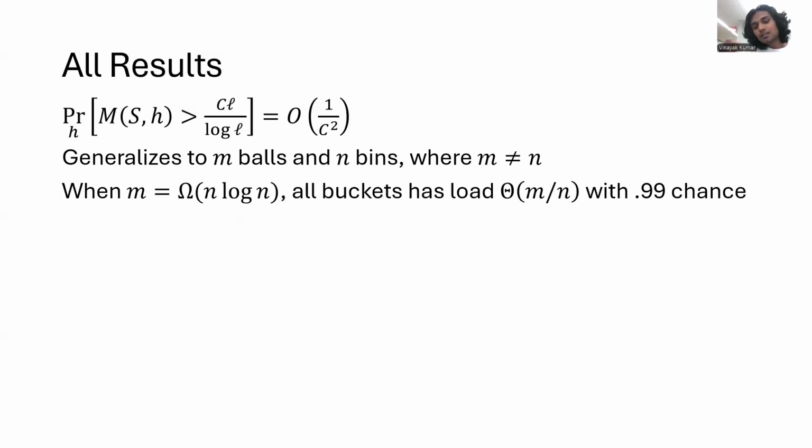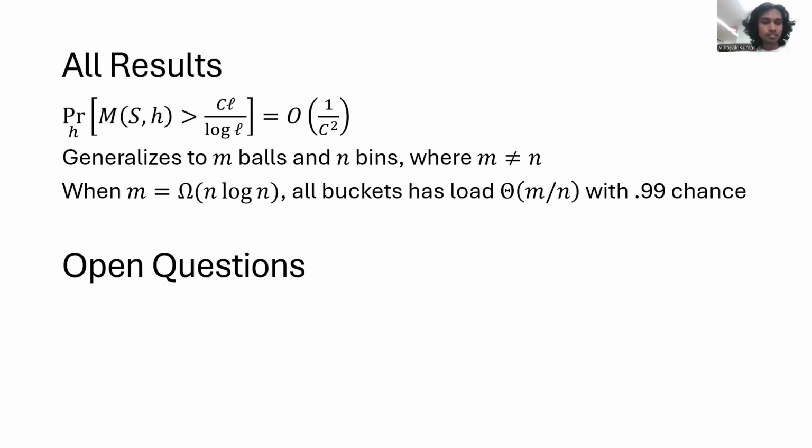Also, when m is large enough, much larger than n, we can even show that every single bucket will be upper and lower bounded by some constant times m over n with high probability. So we're getting two-sided bounds as well.